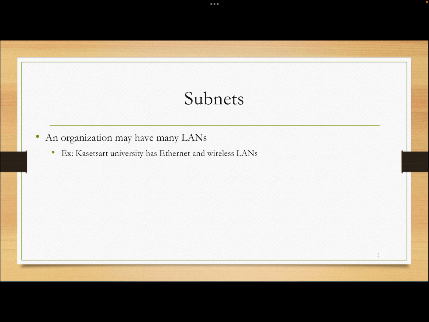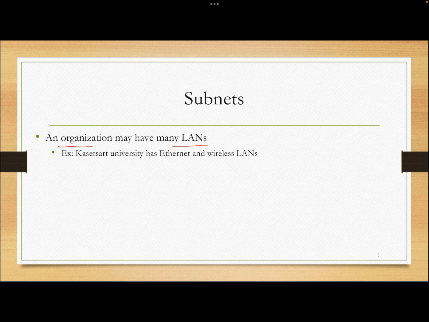Now for the subnet. An organization may have many LANs. Instead of the rest of the internet routing to every small network by itself, it's easier for the organization to do the routing inside.